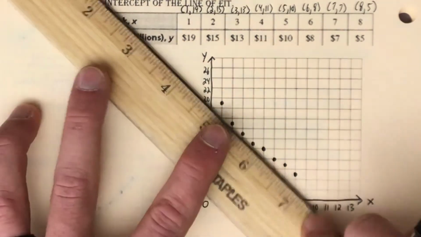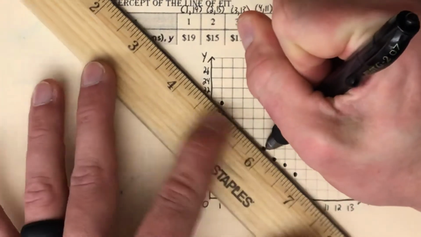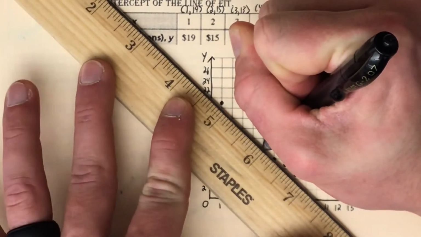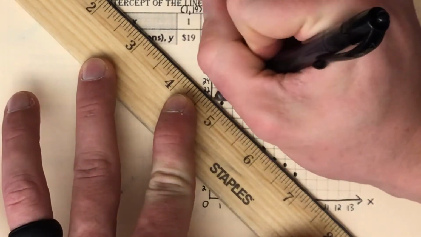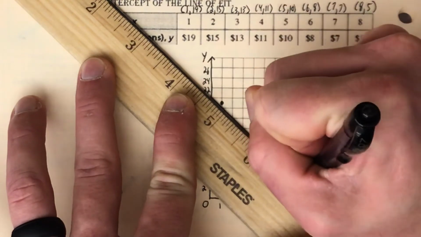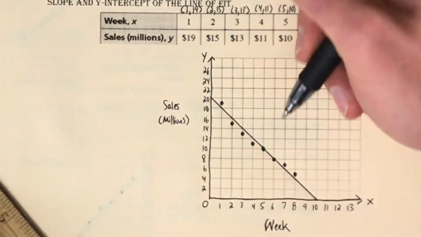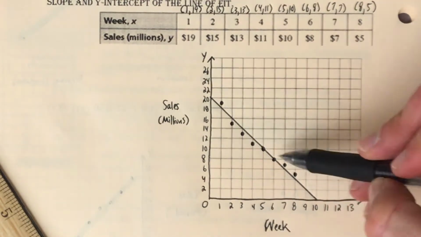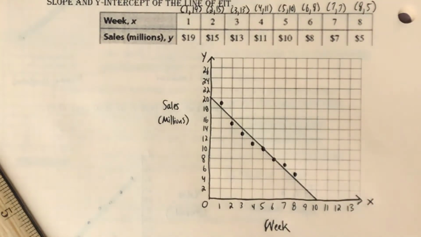So that would be 2 good points to draw our line of fit through. So that's what I'm going to do, I'm going to line that up right there. And so then I want to draw my line, so I'm going to draw my line here. And I've drawn my line of fit. And again, I've got 3 here below, 3 above, and 2 that I'm going through, which is ideal.